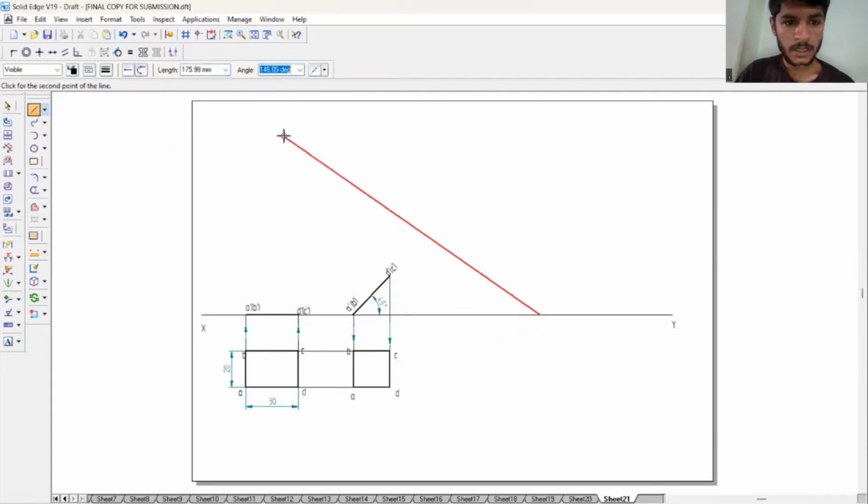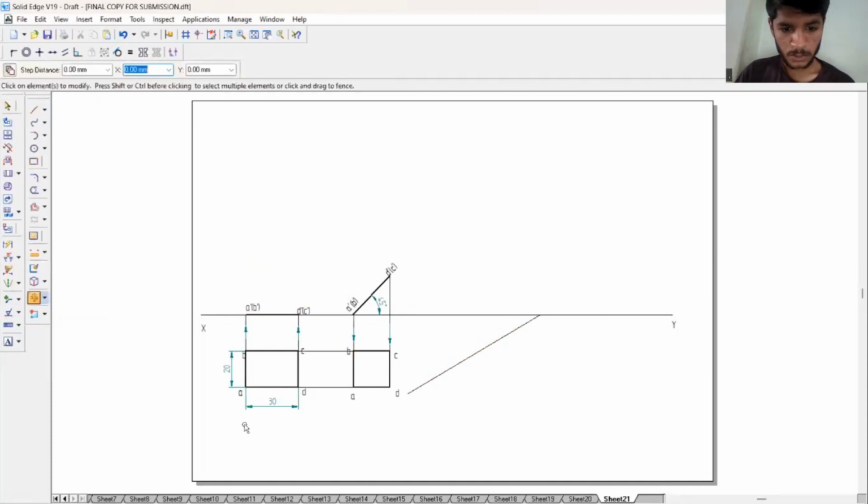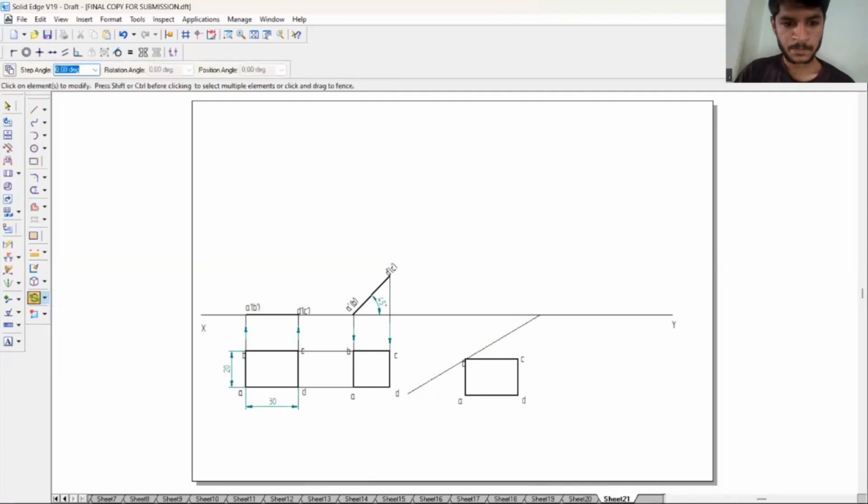Now let's draw a line at an angle of 30 degrees. Let's move this square. Let's rotate it.